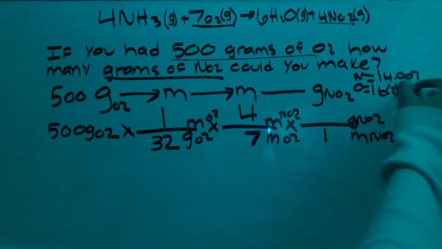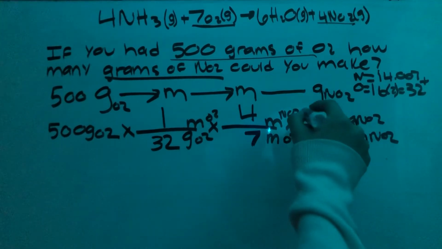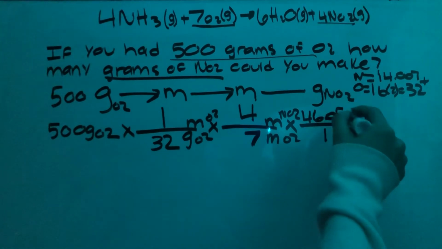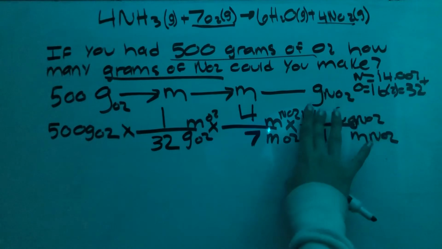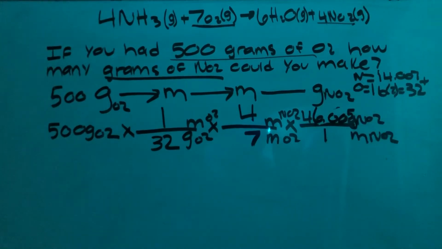So that's about 32 plus 14.007, and after checking that, I got 46.005. Okay, so now that all of our numbers are filled in, we can just work on solving this.